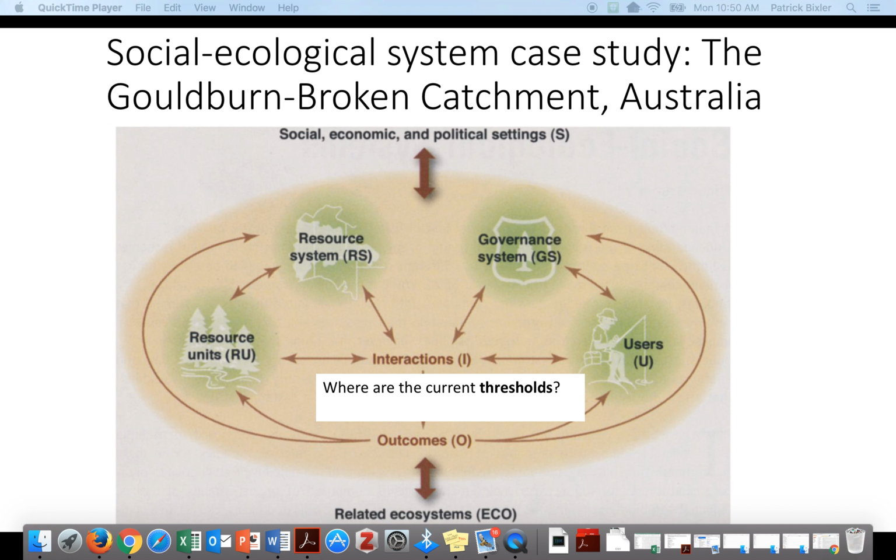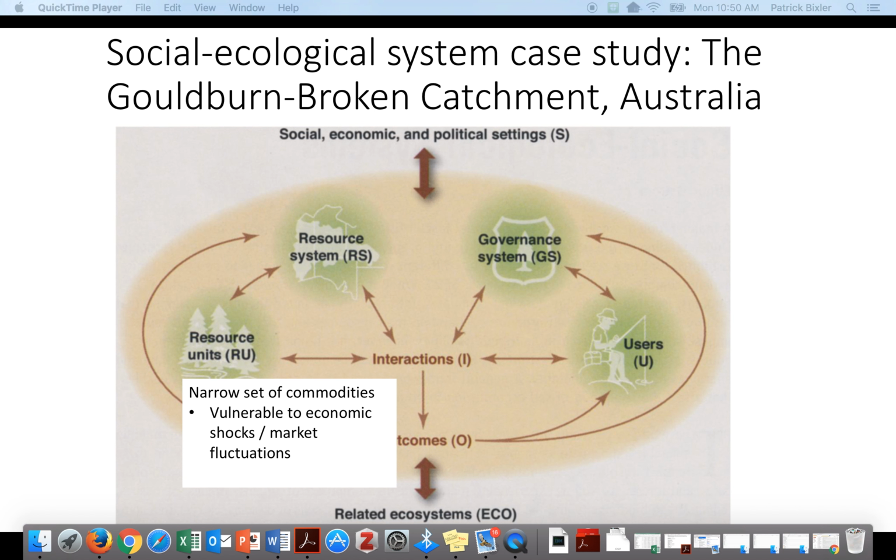So now within this current system, how do these new interactions lead to new outcomes? And what are some of the current thresholds that we need to think about? One that's noted is a social or economic threshold, that the catchment is focused on a very narrow set of commodities. Maybe an efficient market, but it's not a very resilient market.